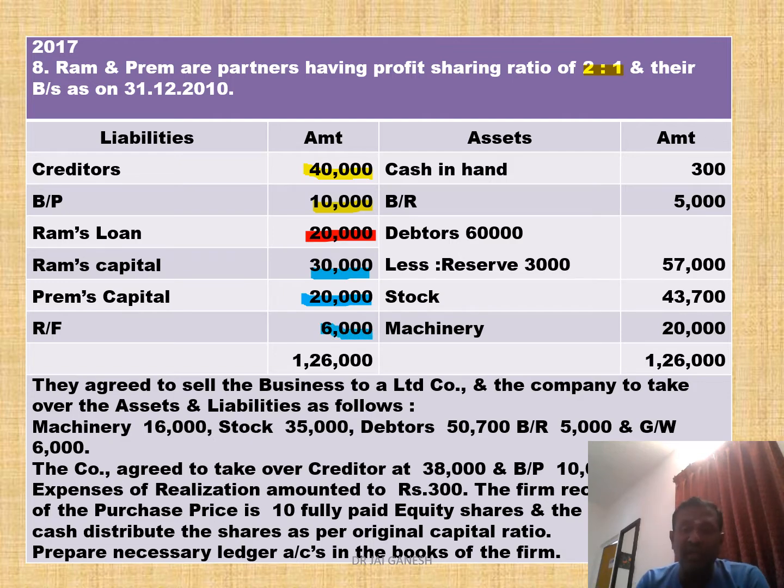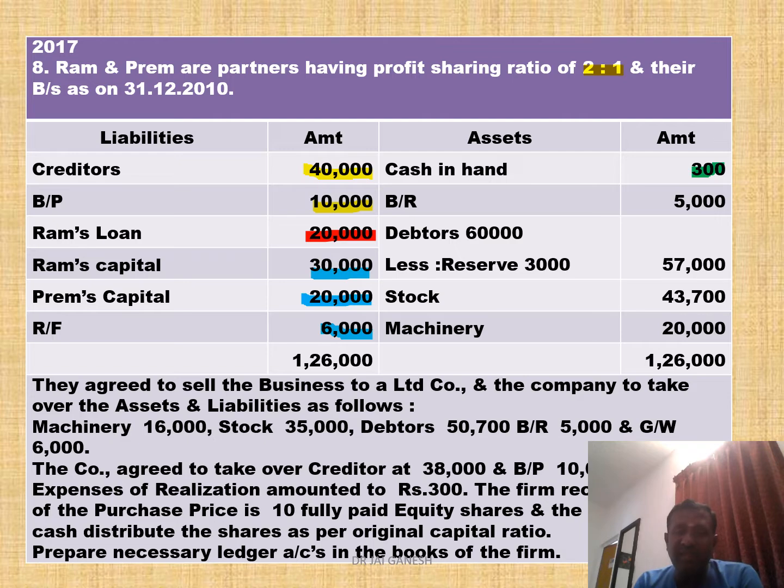The 6,000 reserve fund should be distributed among the partners in the capital account. Then we have cash in hand. Cash in hand to be taken as balance brought down in bank account, not to be transferred to realization account, because cash is not taken over by the company.